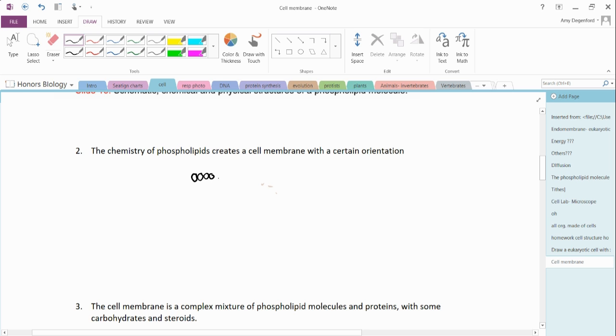We're going to go ahead and draw 10. 1, 2, 3, 4, 5, 6, 7, 8, 9, 10. And then I'm going to put 10 on the bottom. Now, this only works if we're stipulating that the phospholipids are surrounded by water. So here's our nonpolar tails.